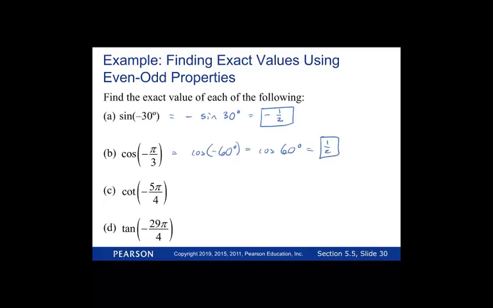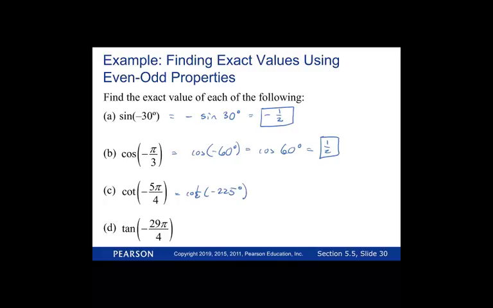5 pi over 4, it should be a 45 cotan. Okay, I'm going to do the conversion. 180 over pi, 45 times 5, 90, 180, 225. So this should be the same as cotan of negative 225 degrees.